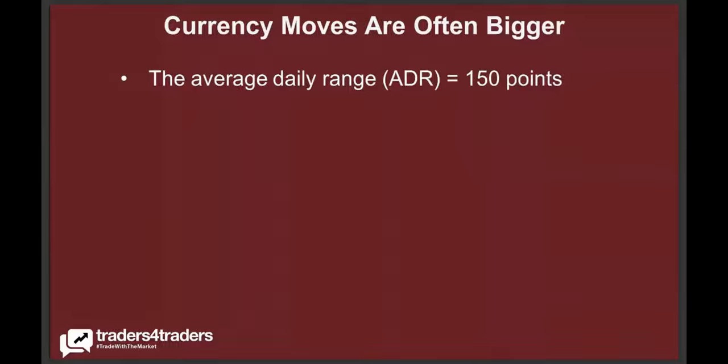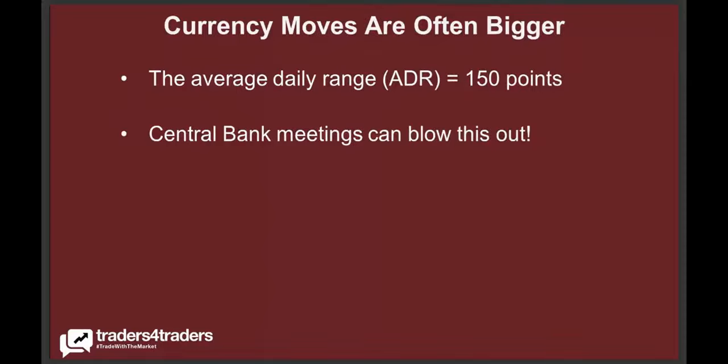Now, what's so important about these central bank meetings? Okay, let me just wind it back even a touch further. The average daily range for the major currency pairs is 150 points in a day. Now, that really comes from the central banks. If the currencies generally move 1% over the course of a day, the central banks would usually intervene to slow the currencies down, right? And that's a key component that a lot of people don't get, right? But on a central bank meeting, right, they're making the announcements.